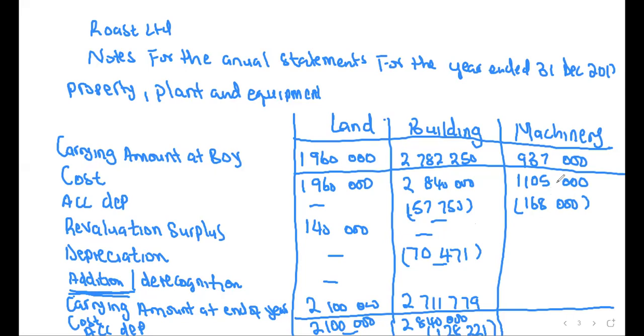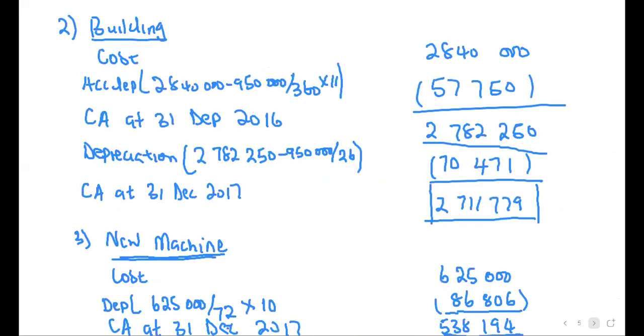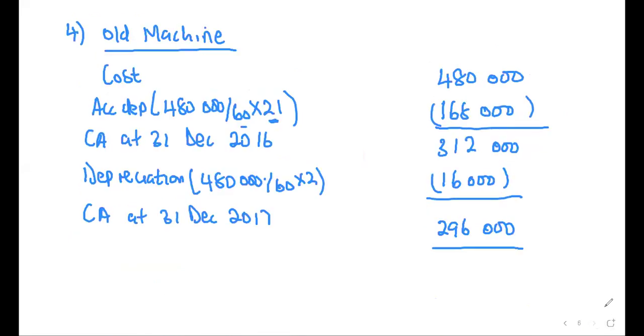Was there any addition or whatsoever? So there's no revaluation, we need the depreciation for the year for the machine. So which means we just go here. We check the depreciation for the old machine, for the new machine, 86,806, plus the depreciation for the year, plus 16,000.